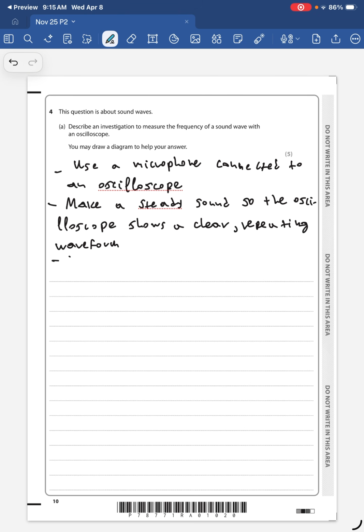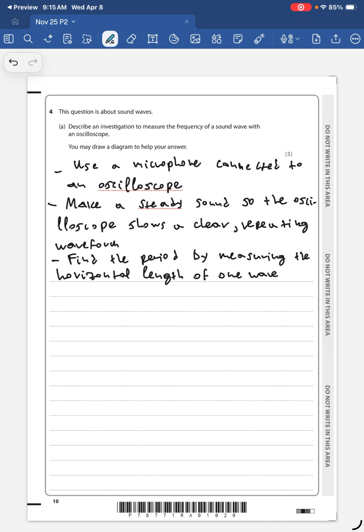Find the period by measuring the horizontal length of one wave, or better still, more waves. So you can find the period that way.